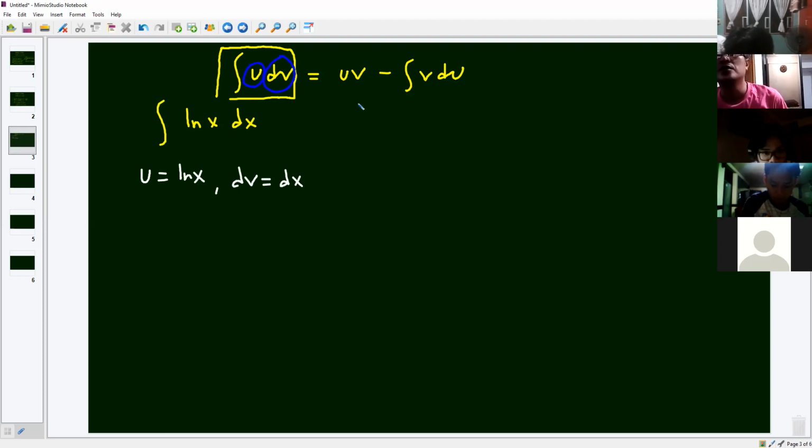Because you need u, you need v, you need du, you need dv, and you started with the u and the dv. So how will you get du? The derivative of u, which is 1 over x dx. Don't forget the dx. Then you have dv is dx. So of course, you can get v because you just integrate that. If dv is dx, what is v?